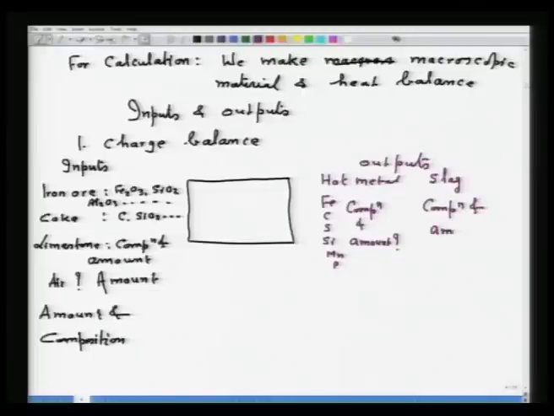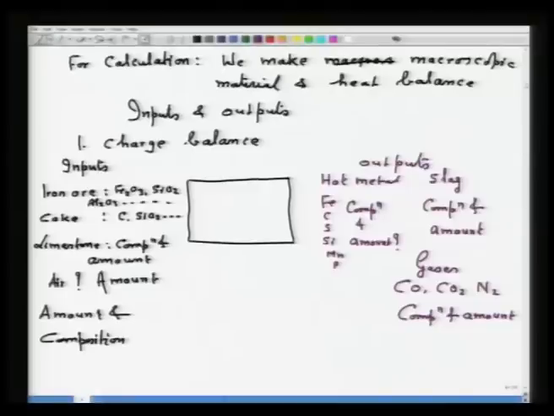Third output is gases. It may consist of CO, CO2, N2, composition and amount. So, when we say charge balance, we should know, for a given output, what should be the input, and for a given input, what should be the output, when a sufficient number of variables are given.